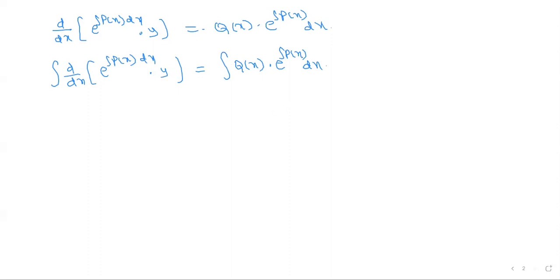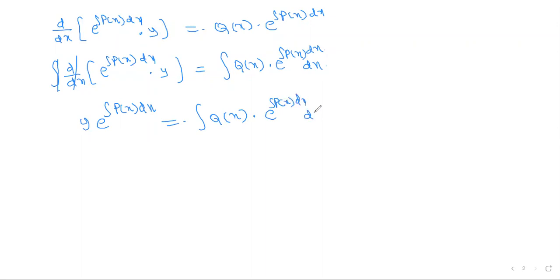The differentiation and integration cancel, so y into e power integral p of x dx is equals to integral q of x into e power integral p of x dx. This is called the solution of the differential equation.